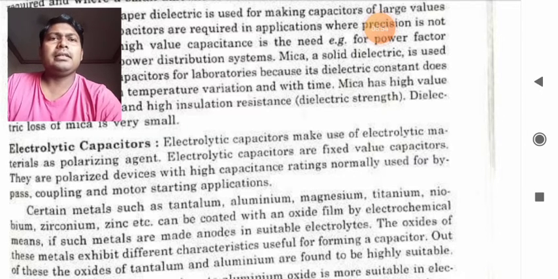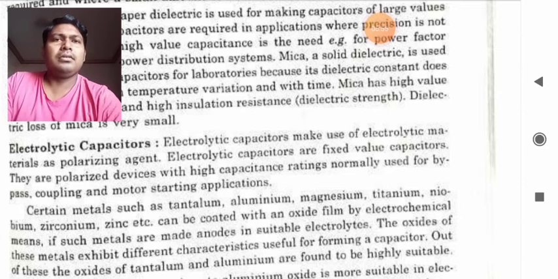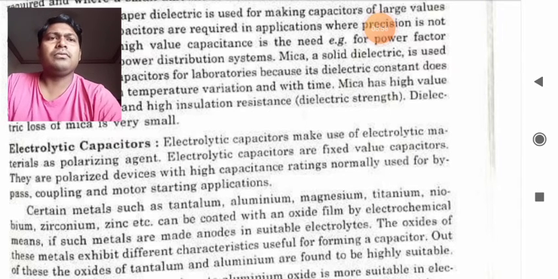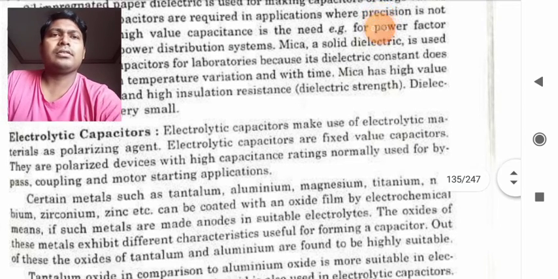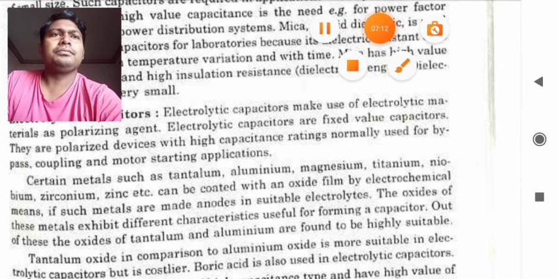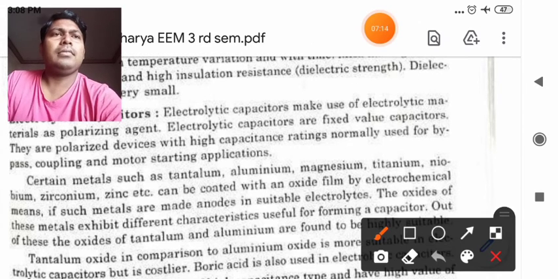Out of these, oxides of tantalum and aluminum are found to be highly suitable. So you have to remember these oxides of tantalum and aluminum.